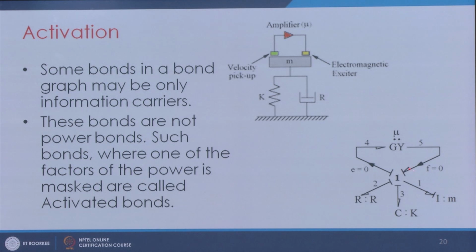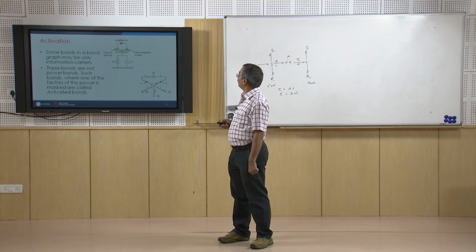So, again here we activate it for effort, that is effort activation, that is effort goes and flow is 0 here, and so this way we can model, using the activation of the gyrator element, the velocity pickup and the electromagnetic exciter.